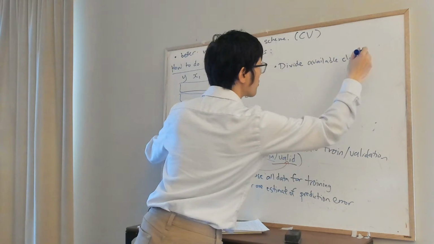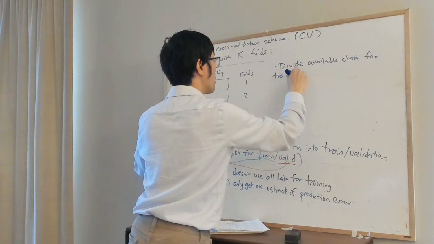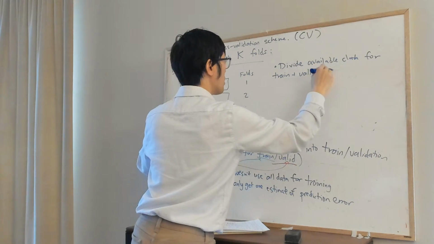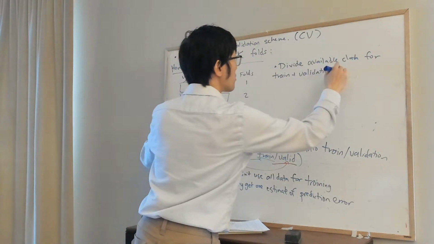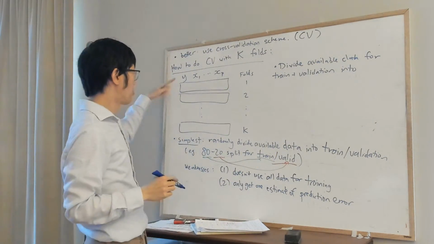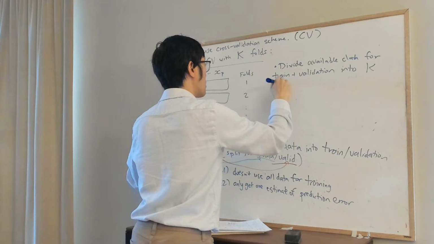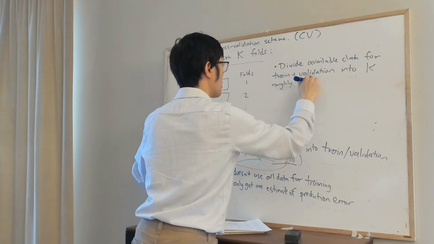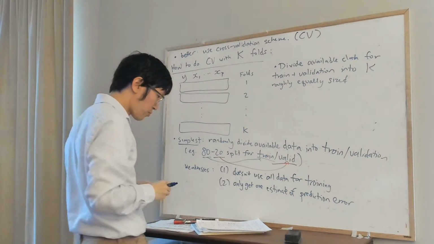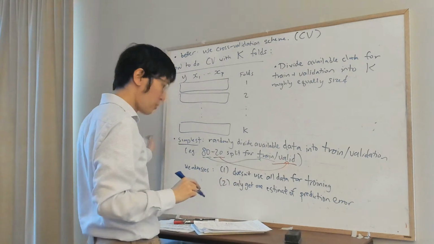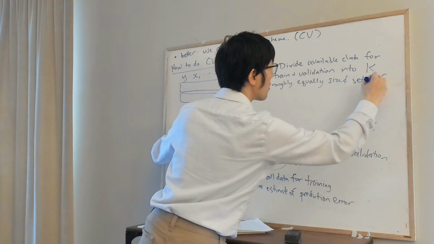The available data that we could use for training and validation, into k roughly equally sized sets. So these are what we call folds.